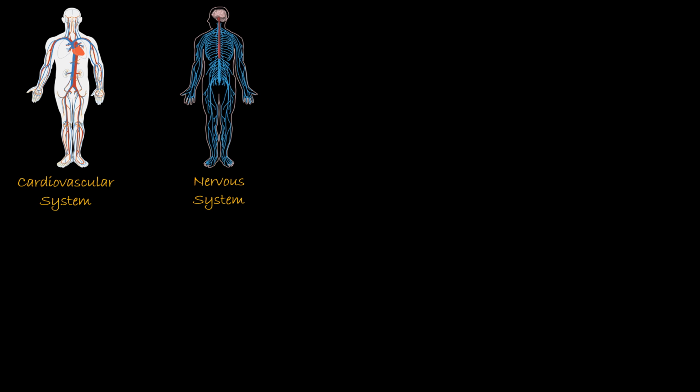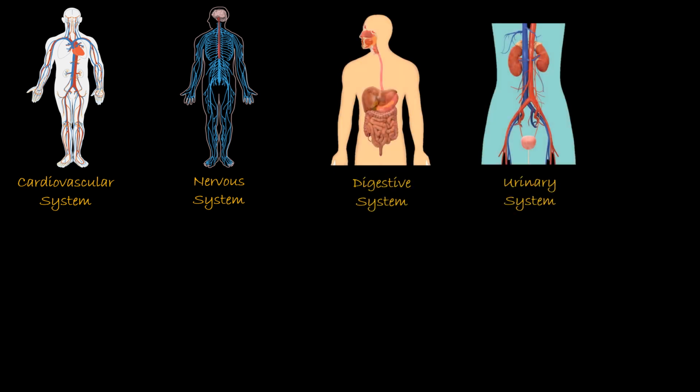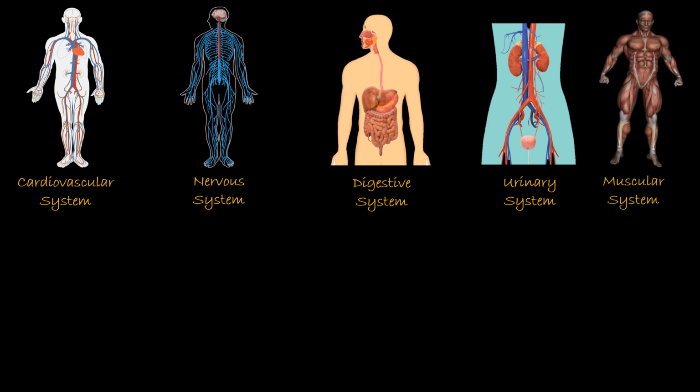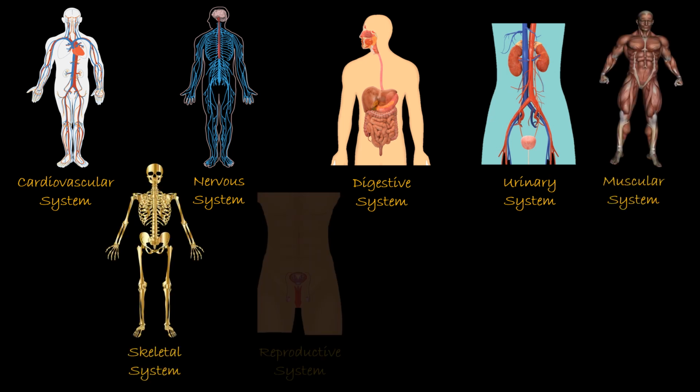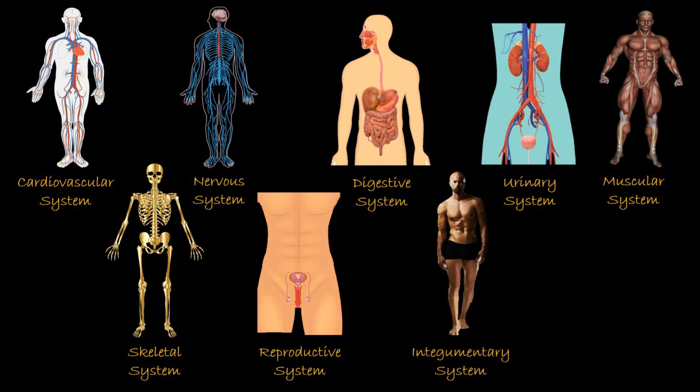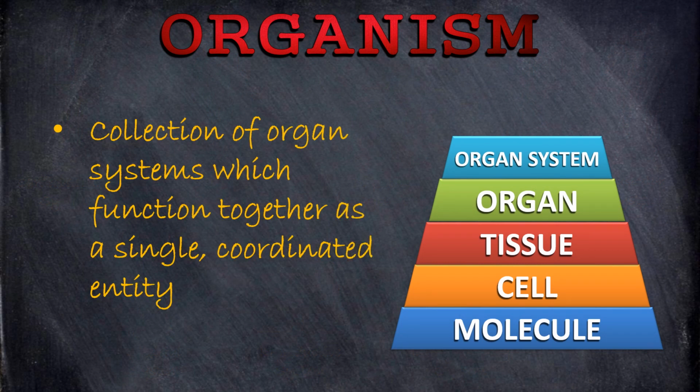And you have your digestive system, urinary system, muscular system, skeletal system, reproductive system, and your integumentary system, or your skin.